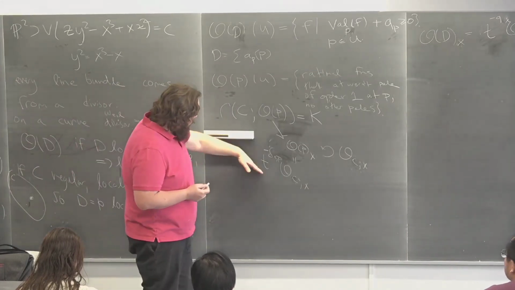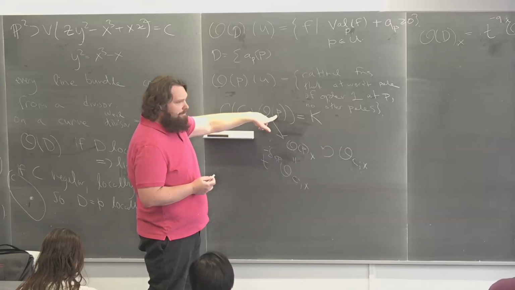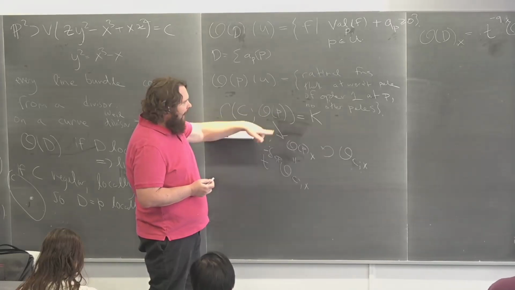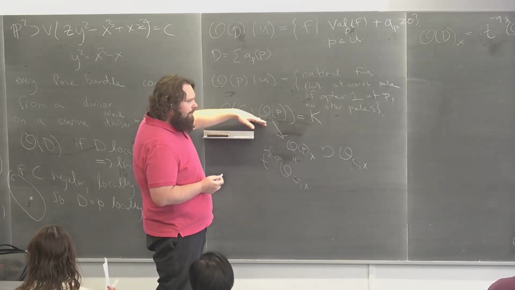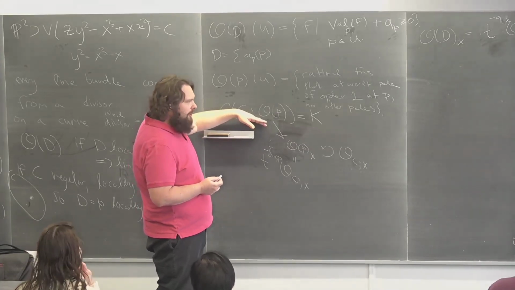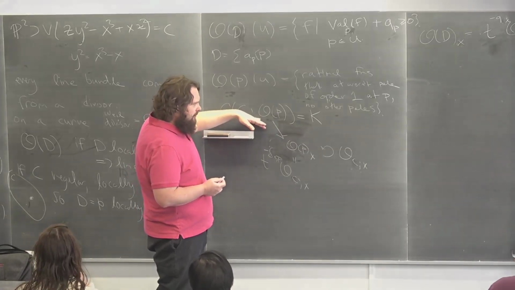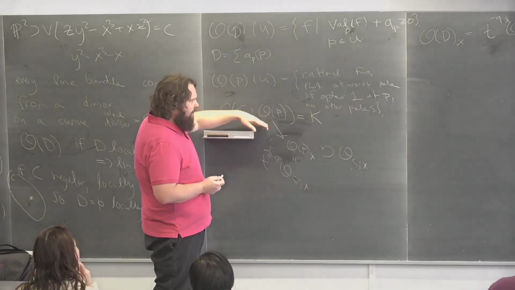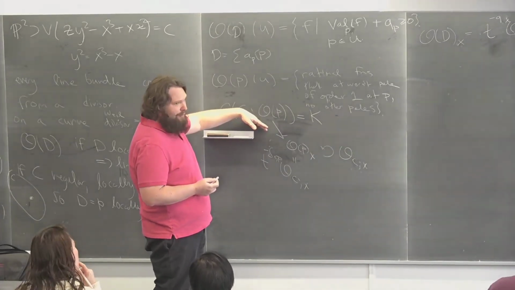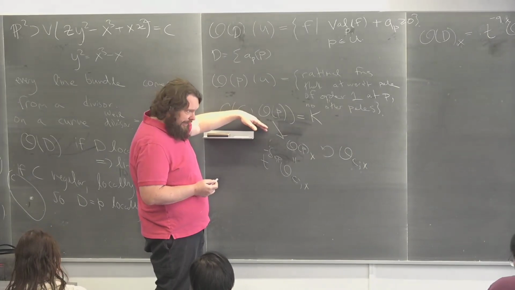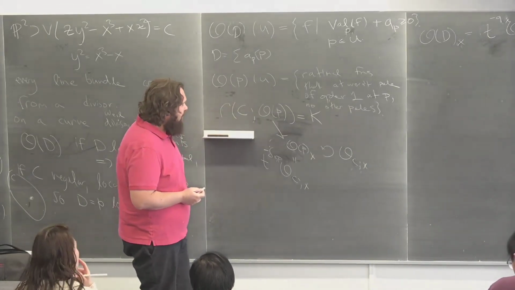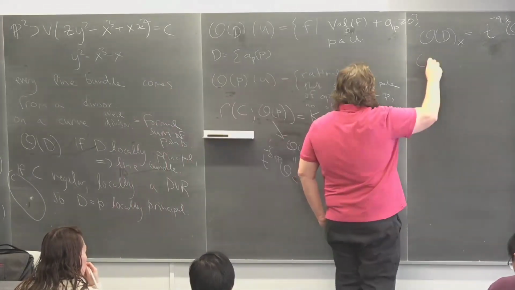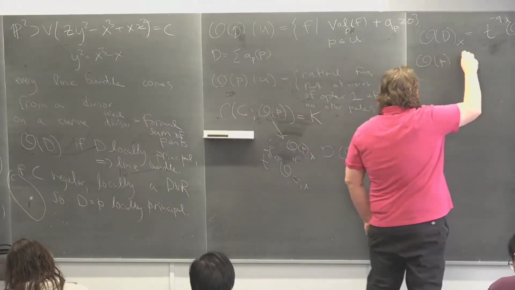So if I'm going to generate the stalk at this point P, when I think of this guy as a rational function, I have to not just not be zero as a rational function. I actually have to have a pole of order 1 because I'm allowed to have it. Okay. So O of P is not globally generated.